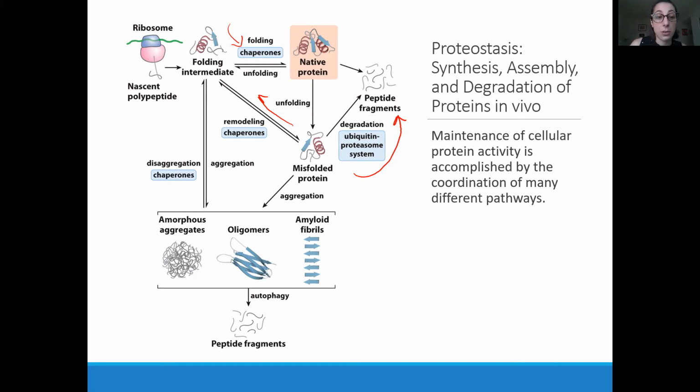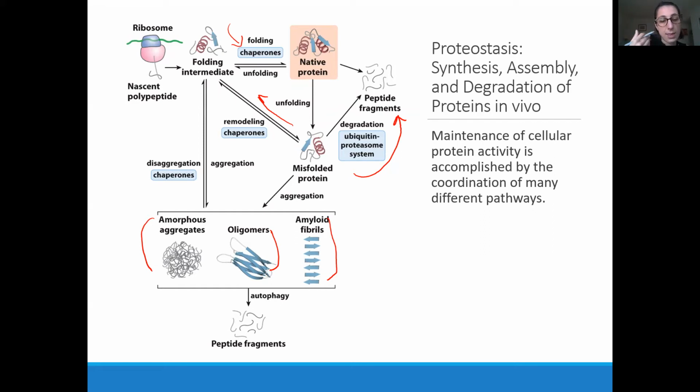Proteins can also, unfortunately, sometimes aggregate once they are misfolded, and this can lead to unintended fibrils, unintended aggregates, or unintended oligomers. There are a variety of diseases that are in fact associated with misfolded proteins that have then aggregated into these states.